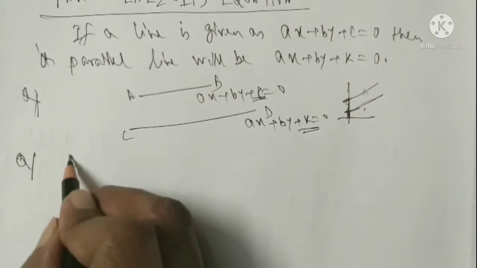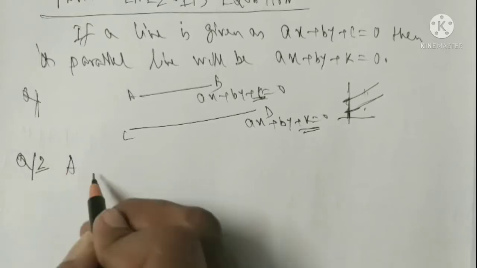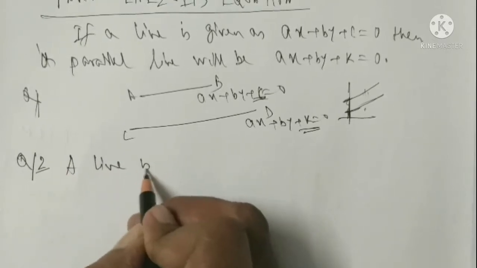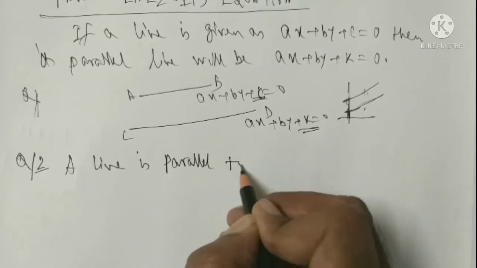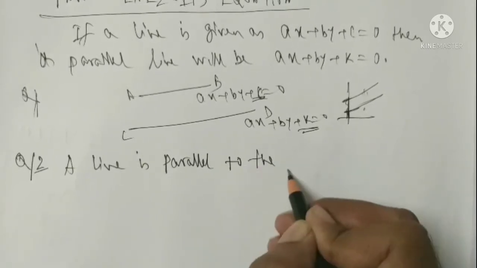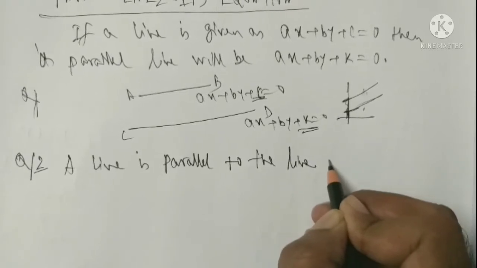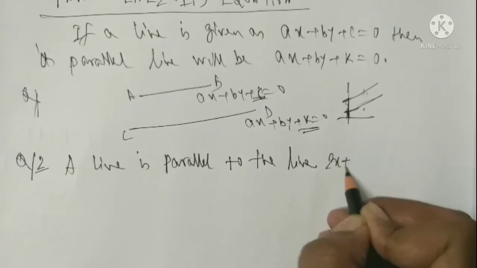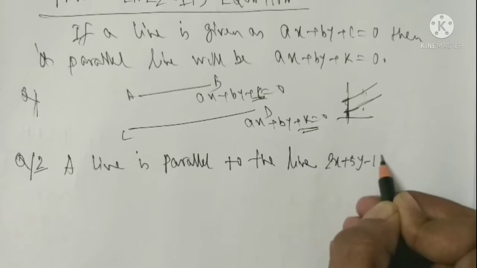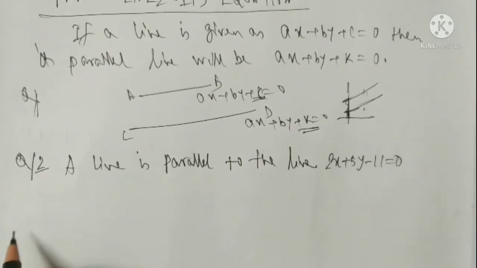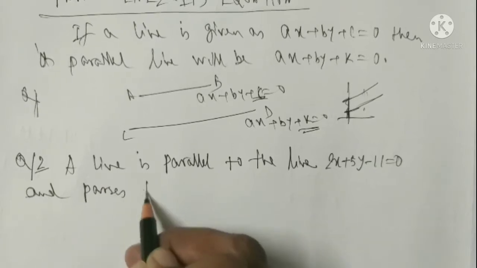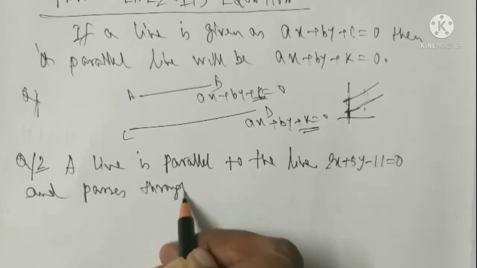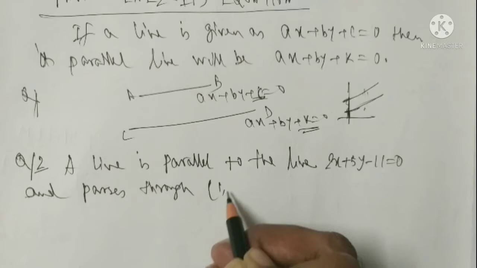This is question number 2. A line is parallel to the line 2x plus 5y minus 11 equals 0 and passes through (1, minus 1).